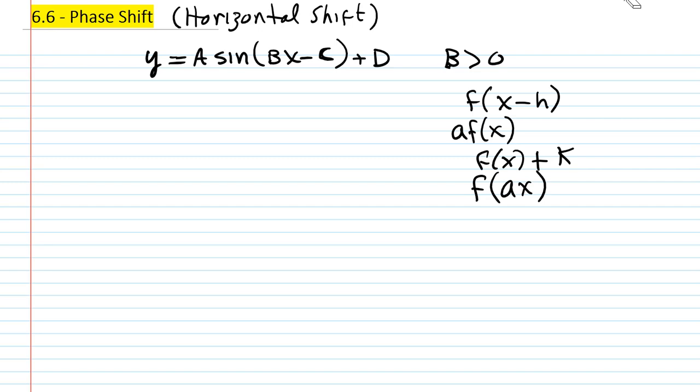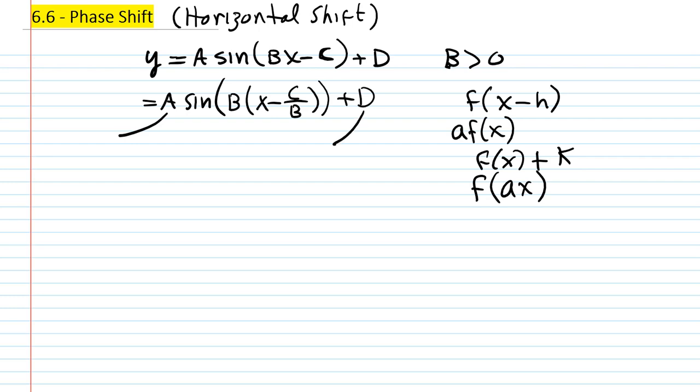So here's what, in other words, I can do. I can write this as A sine of B times x minus C over B, and then plus D. So I have a scale factor in front. It's called the amplitude here, but it's a scale factor.